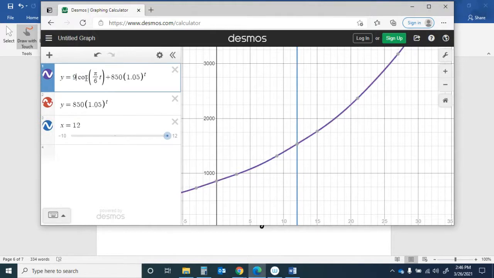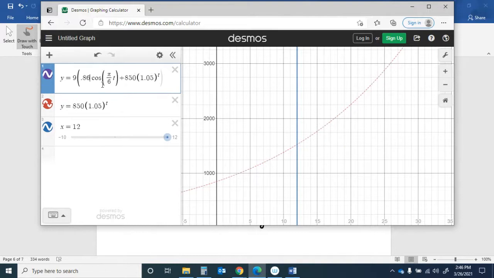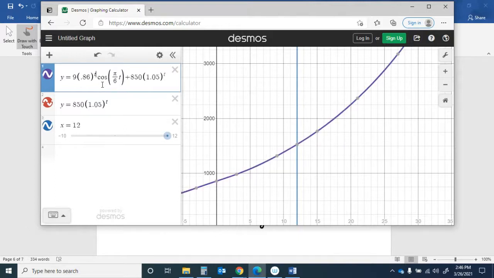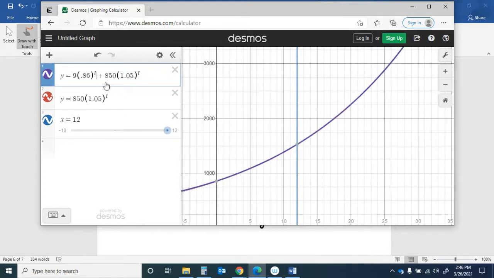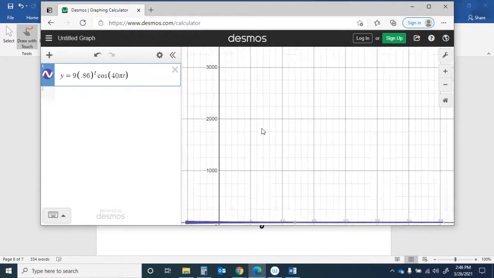That was a 9 times 0.86 to the t power, times cosine of 40 pi times t. So that guy can go away.